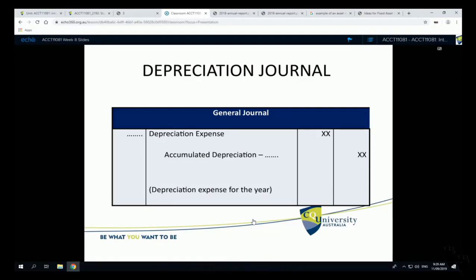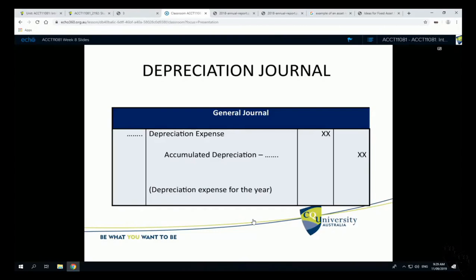The journal doesn't change, so it's a fairly easy journal to remember. It's debit depreciation expense and credit accumulated depreciation. And all we're doing with this general journal, literally, is moving an amount from an asset to an expense.